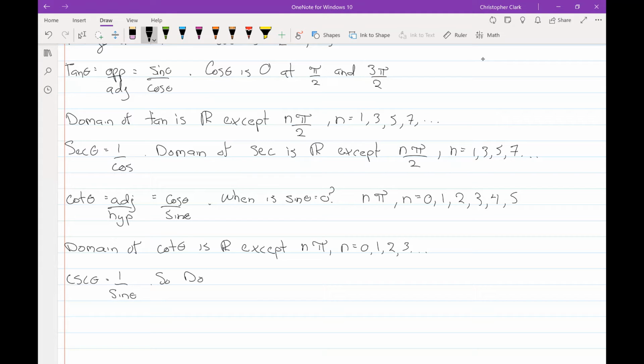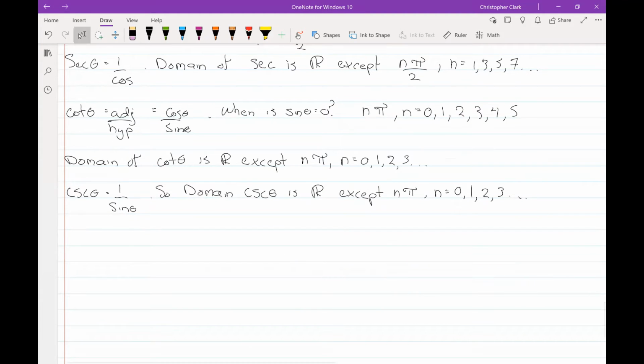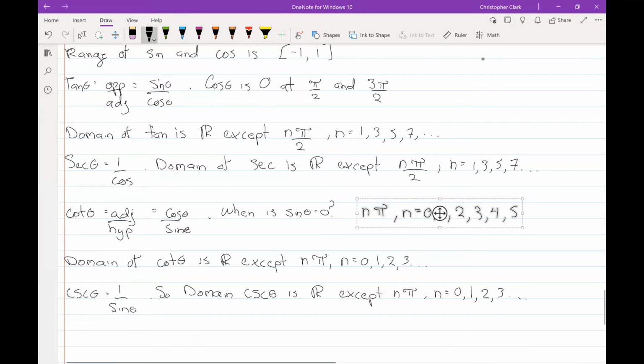So the domain of cosecant theta is all real numbers except n pi, where n is equal to 0, 1, 2, 3, so on and so forth. So these are the domains. Now the ranges were relatively straightforward for sine and cosine, right? We determined that they max out at 1 and they min out at -1.